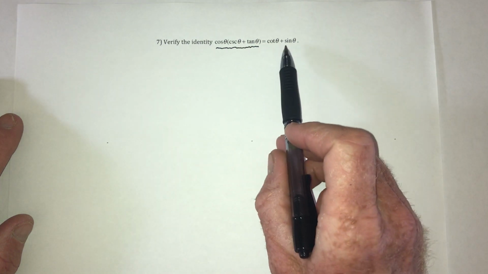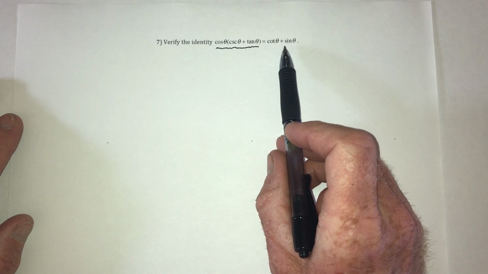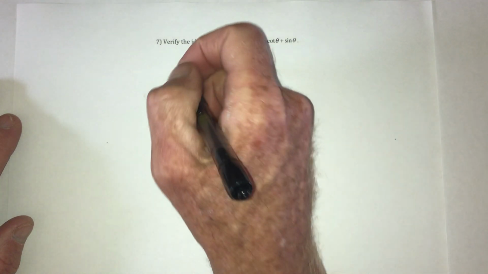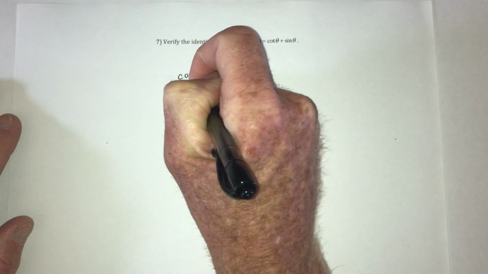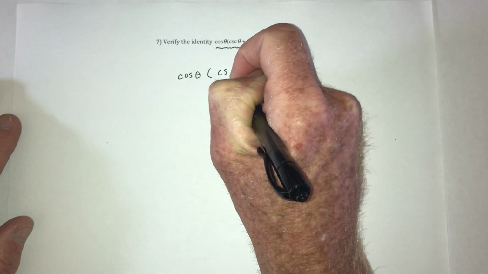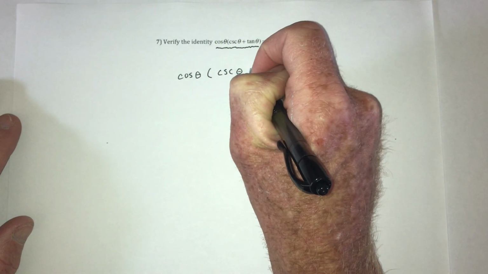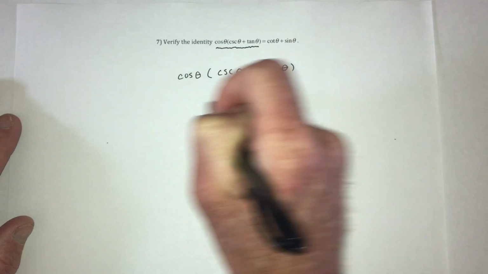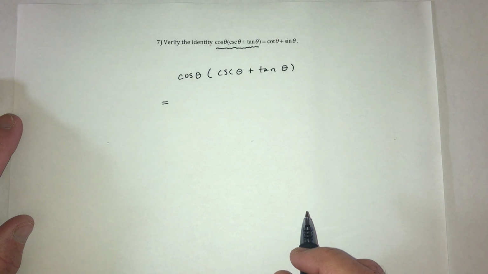And then we're going to reduce it to become this. So whichever side is more complicated, start with that. And I just write it down to begin with to show I'm starting with this side. And then I could use some trig identities.